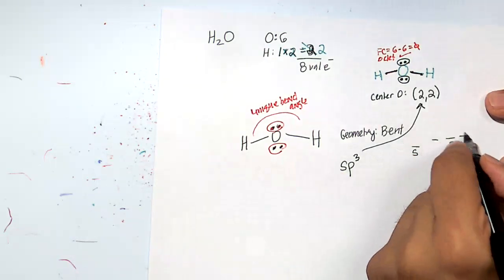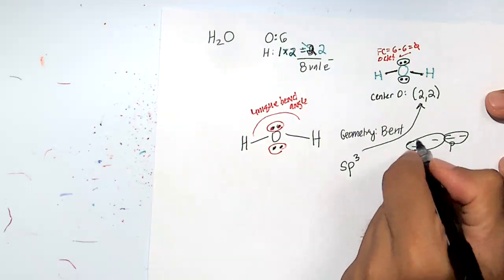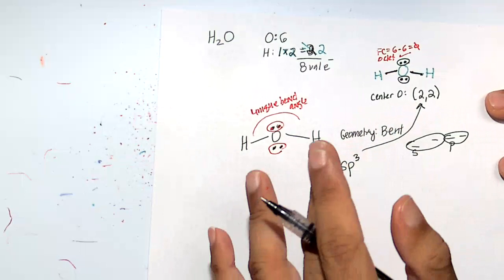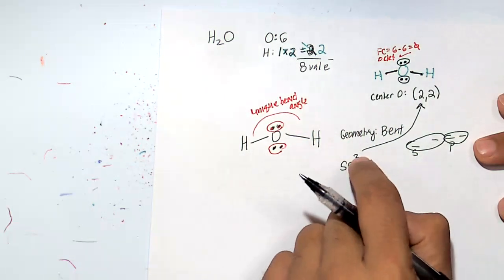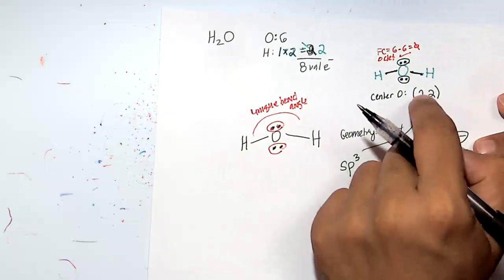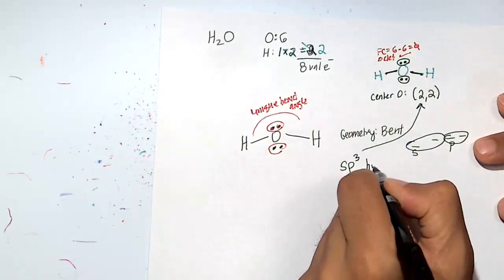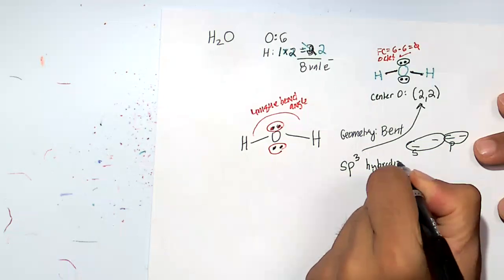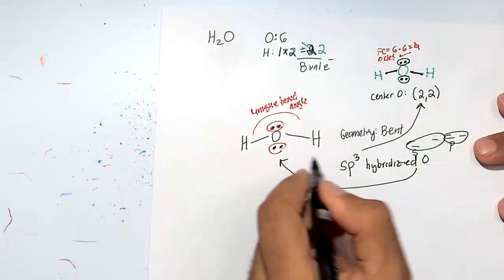Both lone pairs are going to go to the P, and the bonds are going to go to S and then one of the P's. The way you do hybridization is that 1 S plus 3 P is 4, 2 plus 2 is 4. So this is an sp3 hybridized oxygen.